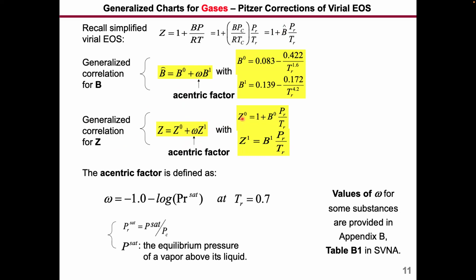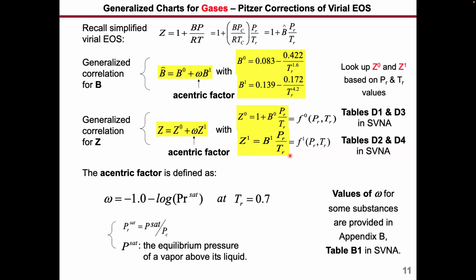And if you plug these back in, you will quickly realize Z0 is just equal to 1 plus B0 times PR divided by TR, and Z1 is equal to B1 times PR divided by TR, right? And again, Z0 is going to be a function of TR and PR, and Z1 is also going to be a function of TR and PR, right?